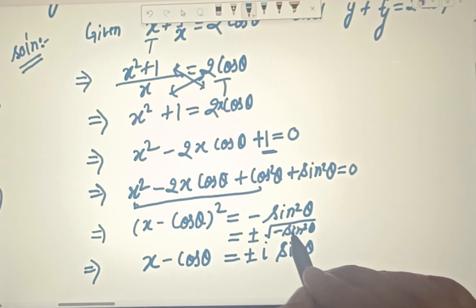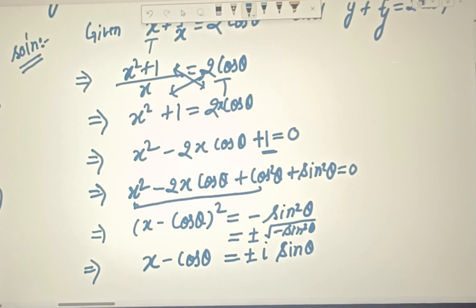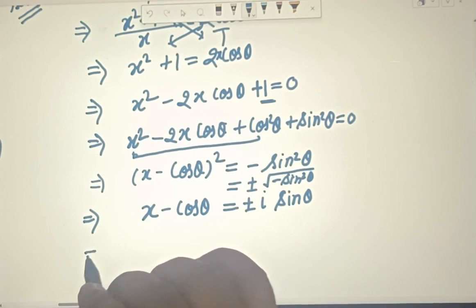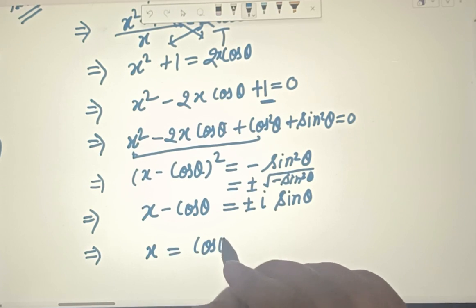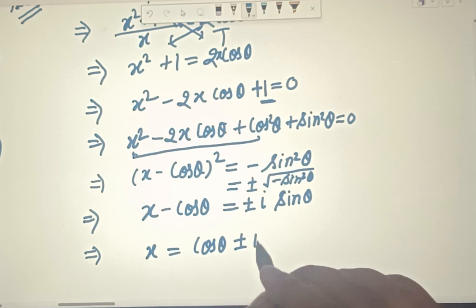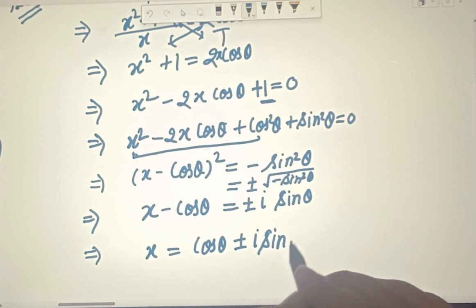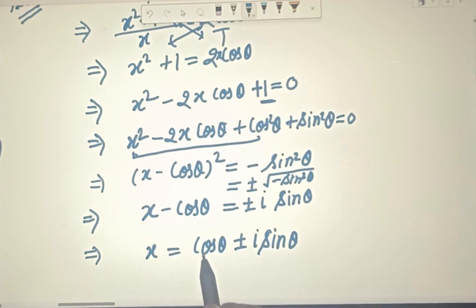The square root of sin square theta is sin theta, the square root of minus 1 is iota here. So the value of x is cos theta plus minus iota sin theta. So there are two values of x. One is cos theta plus iota sin theta, another one is cos theta minus iota sin theta.